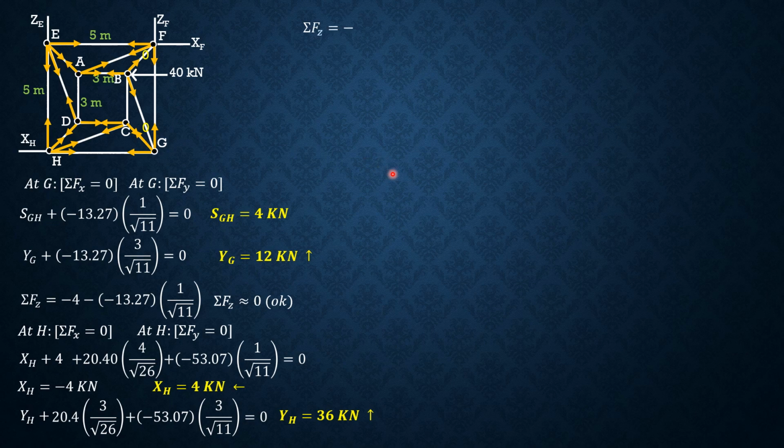Then let's check summation forces along Z at joint H if it is 0. So EH is 12, but it is in the negative direction, so negative 12, plus CH, in the negative direction, so minus 20.4, that is CH, Z component of distance 1 over distance square root of 26.